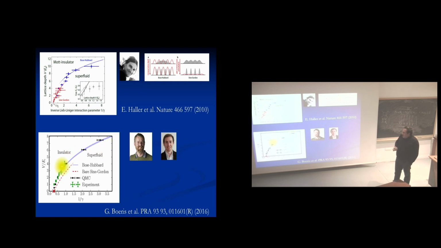And to the best of my knowledge, this is the most precise determination of the critical value of the BKT jump compared to what has been done directly with two-dimensional systems. It's funny that you need to go to a 1D quantum problem to get a good determination of the BKT jump, but this can be done with very good accuracy here. And lo and behold, we are exactly where the field theory tells us that we will be.